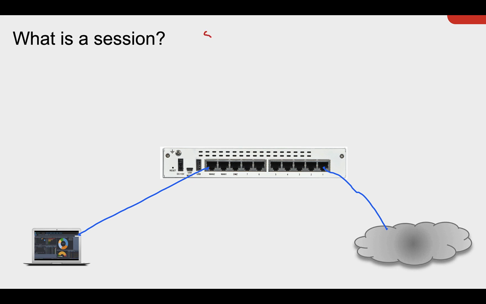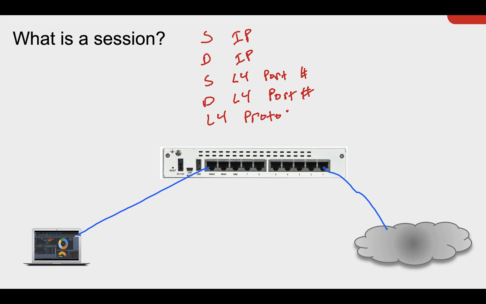First, the source IP address, then the destination IP address, the source layer 4 port number, the destination layer 4 port number, and then lastly something called the layer 4 protocol number.